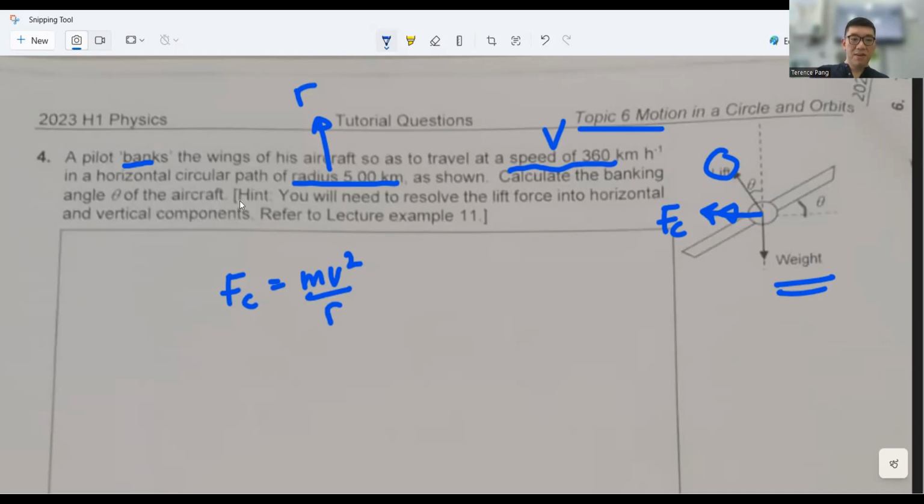So what does your lecturer say? Hint, you will need to resolve the lift force into horizontal and vertical components. So let's do it.